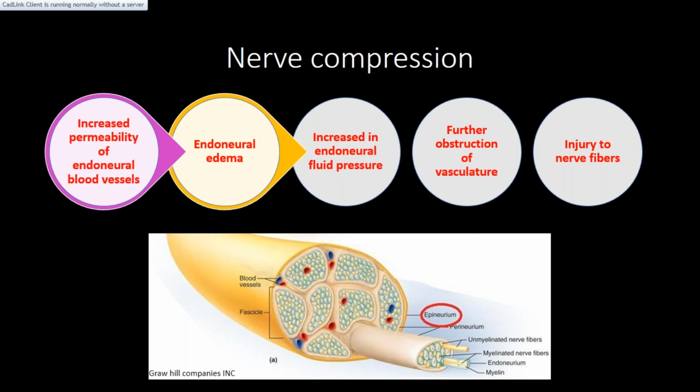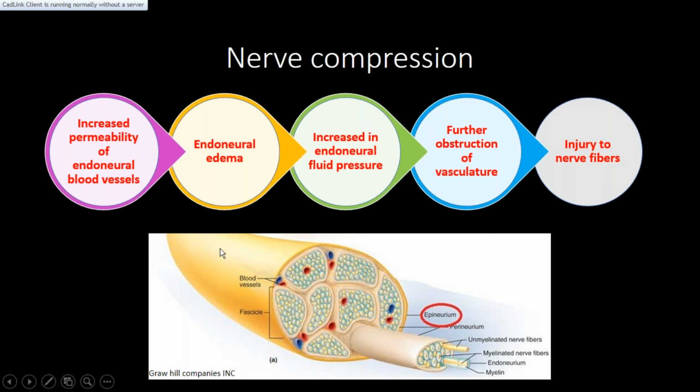Because now there is endoneural edema and increased fluid pressure in the fascicles, it causes further obstruction of the vasculature of the nerve, the internal vasculature of the nerve. And because of this obstruction of vasculature, there is injury to the nerve fiber. So that's the vascular causation of nerve compression.